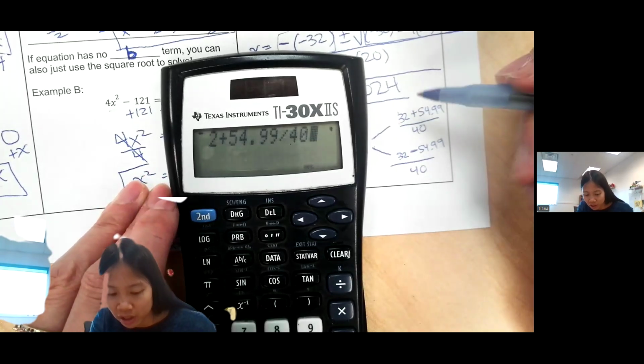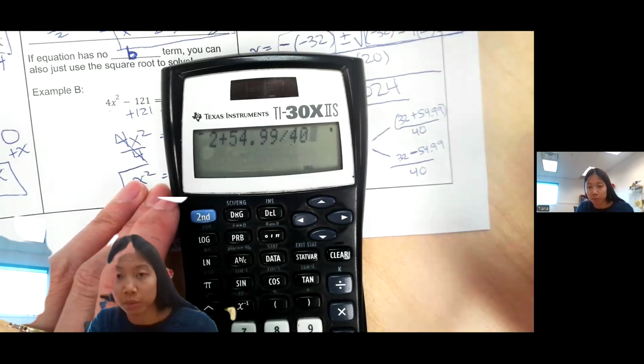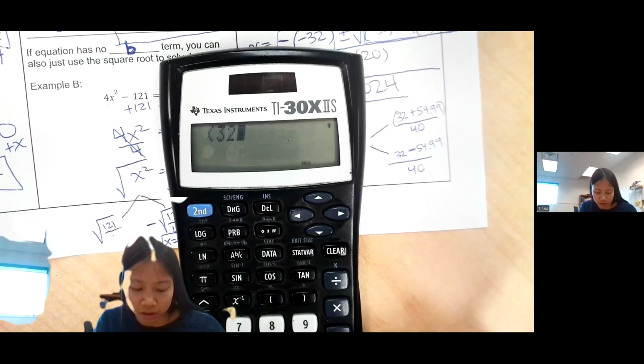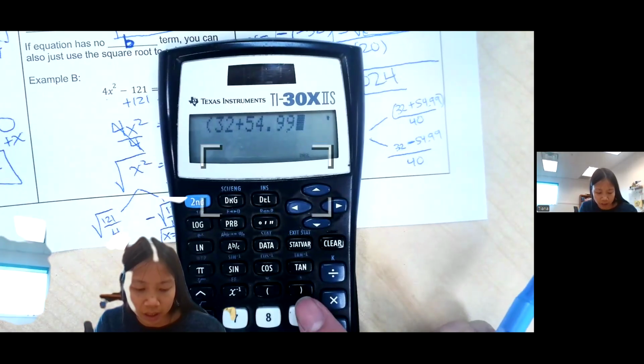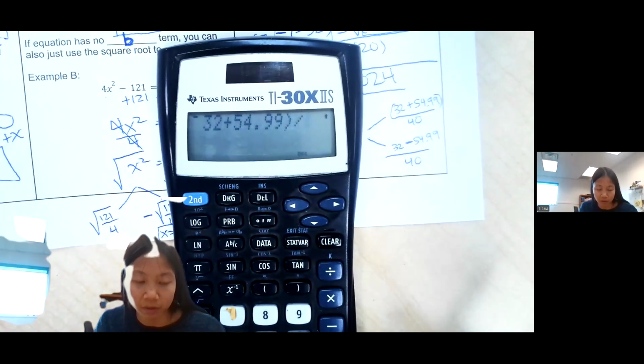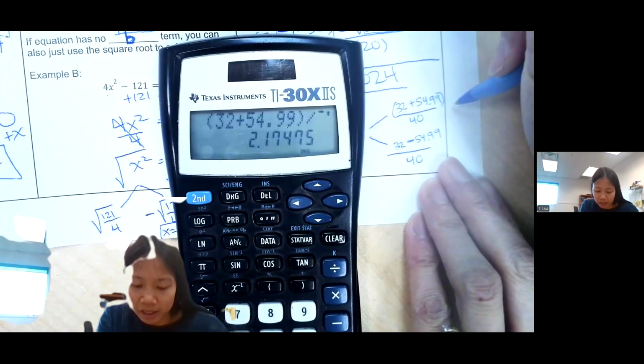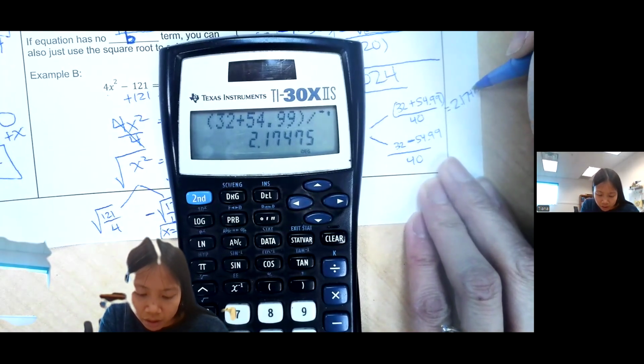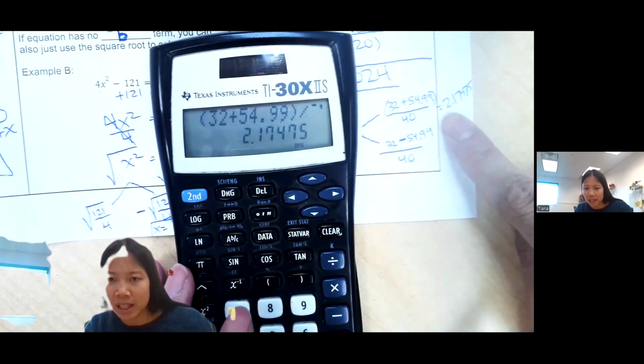So if you want to type it all in one go, just make sure you do parentheses around the top and then divide by 40. So I'll do parentheses 32 plus 54.99, close parentheses, and then divide by 40. All right, and that gives me 2.17475. Okay, that's one of my decimals.